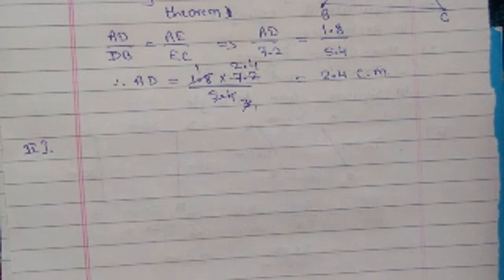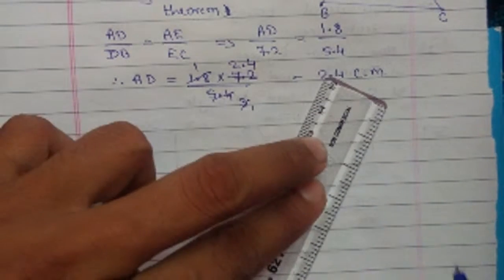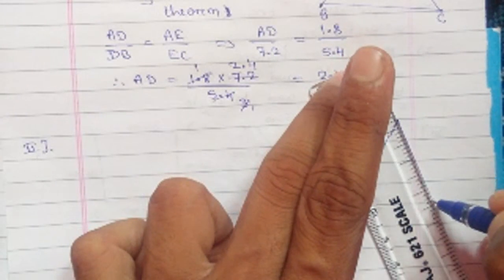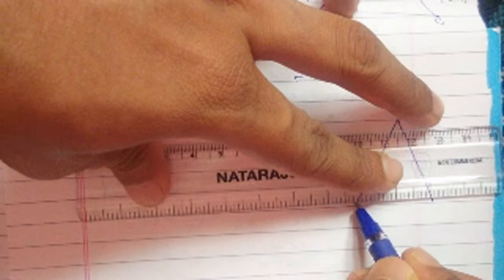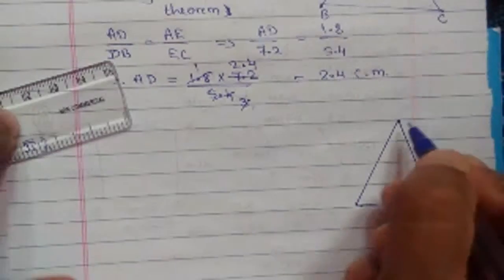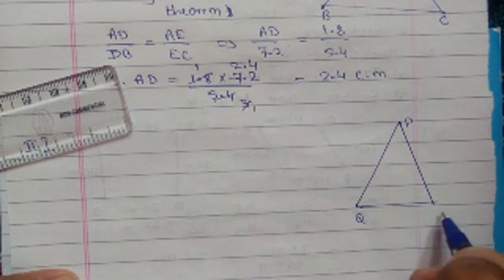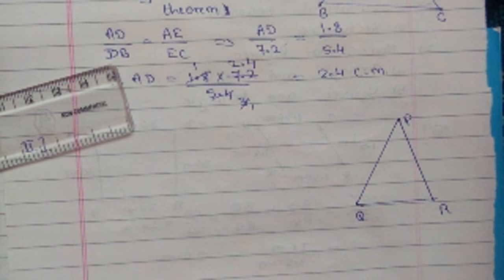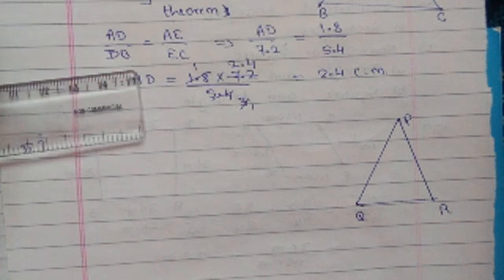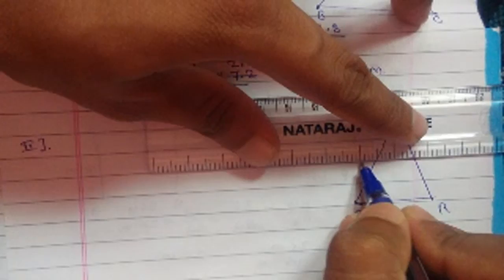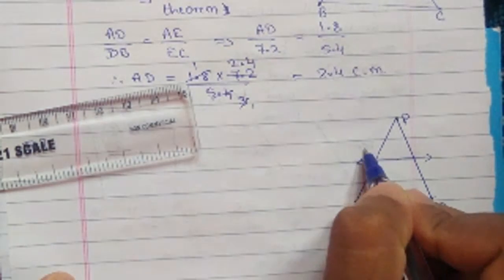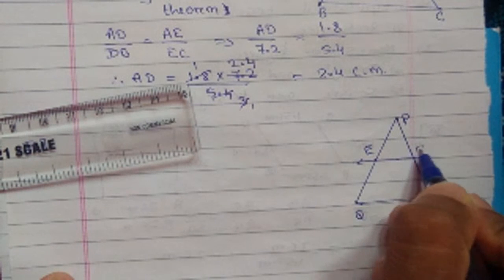That means first I will draw one triangle PQR, and E and F are points on the side PQ. This is E and this point is F.